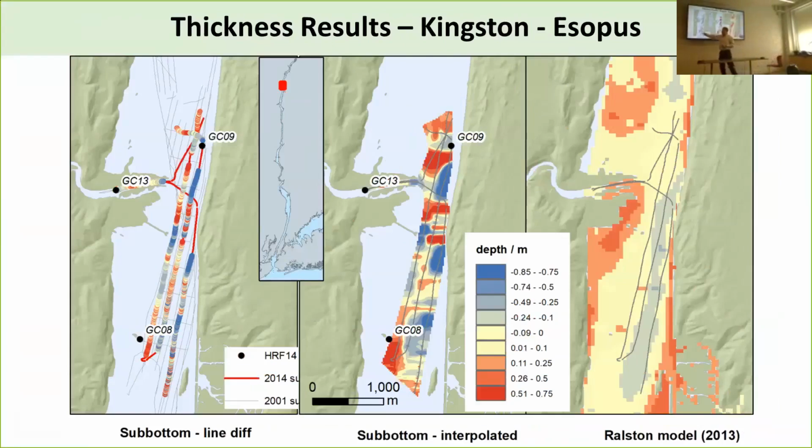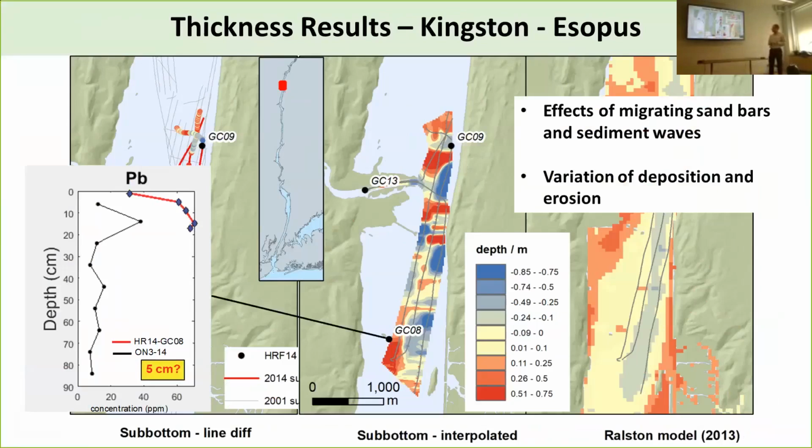If you actually look at the individual data, you see a whole bunch of deposition and erosion, which is probably again the sediment waves. We have a sediment core, but we don't have too many in this area, and it's not very conclusive. There might be some deposition here, like 5 or 10 centimeters.